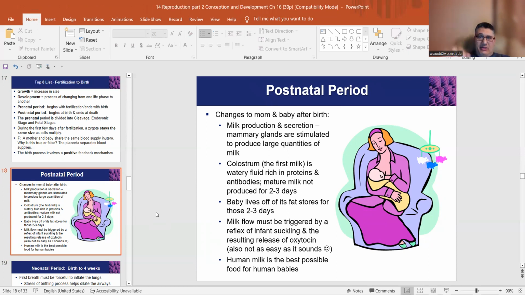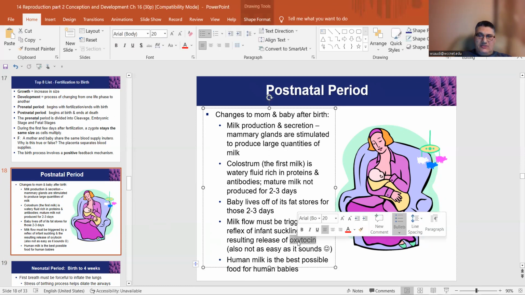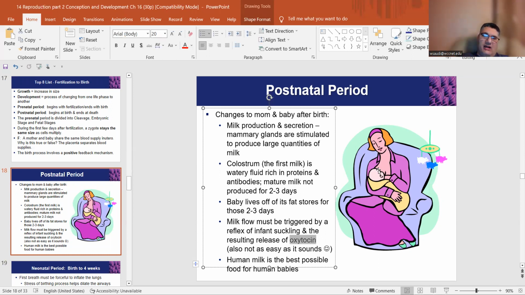The baby is suckling on the nipples, and because of that, oxytocin is released, which goes to the muscles surrounding the glands in the mother's breast, the mammary glands, and squeezes them, pushing the milk out. The baby is sucking more, releasing more oxytocin, contracting more, pushing more milk out. So remember that this is a positive feedback.